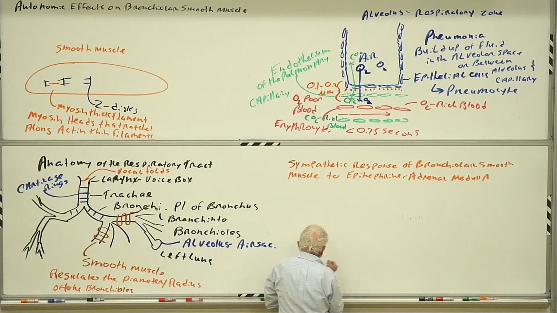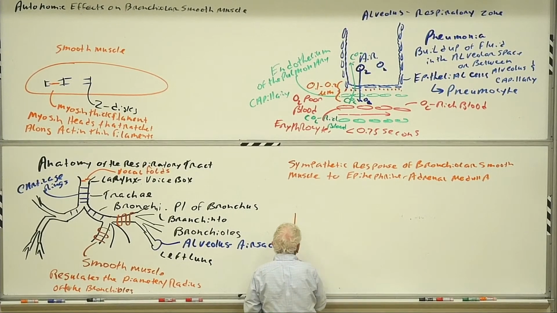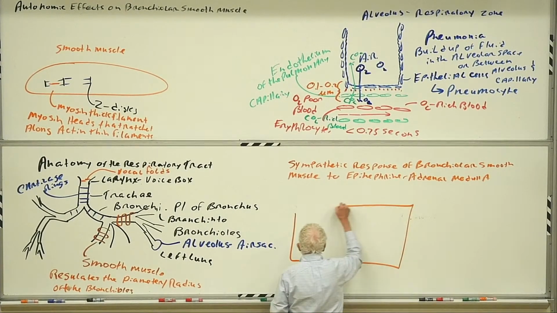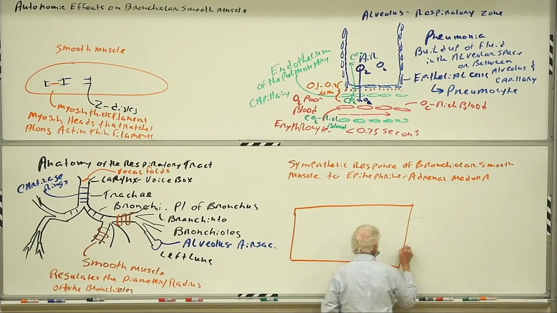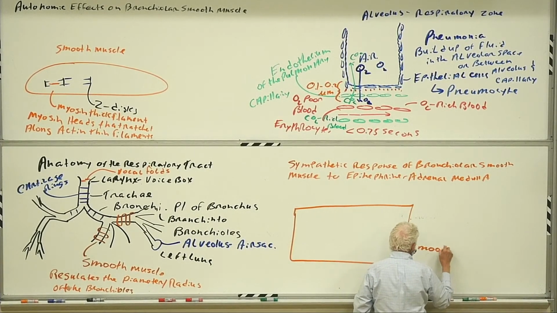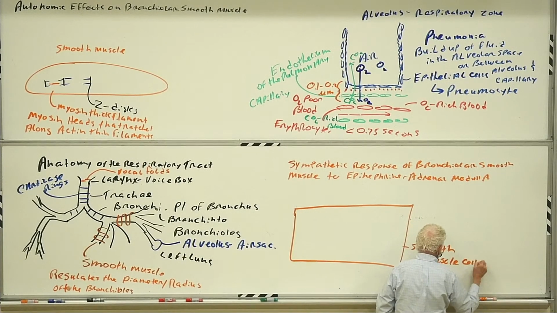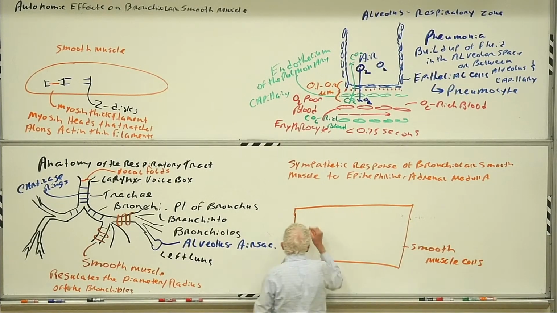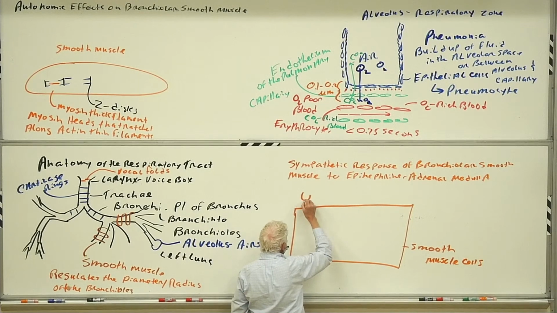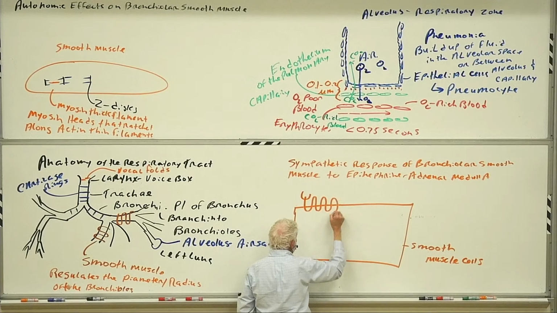Then, if we look at one of these smooth muscle cells, there's a transmembrane protein here. It's a G protein coupled receptor, so it's going to cross the membrane 1, 2, 3, 4, 5, 6, 7 times.